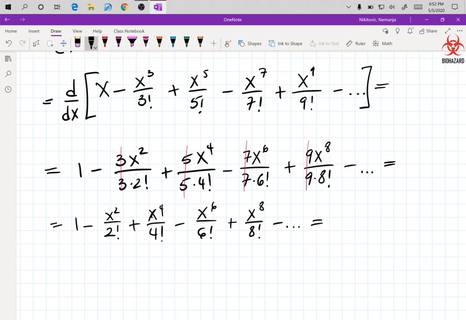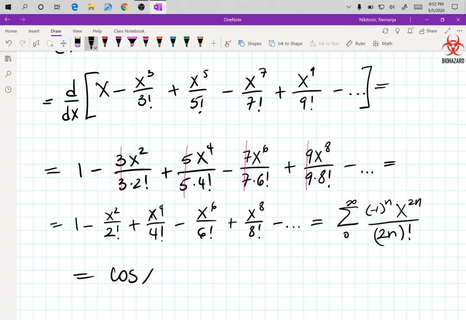which condenses into negative 1 to the n. All of the powers are even. Factorials are all even. And that, my friends, is the big old cosine x. Derivative of the sine is cosine.